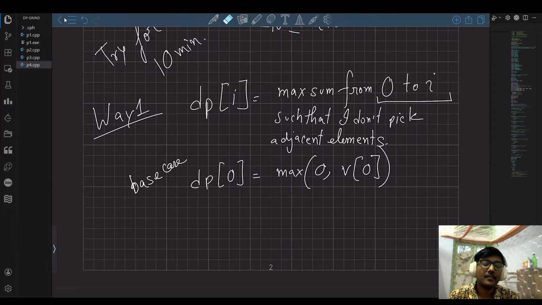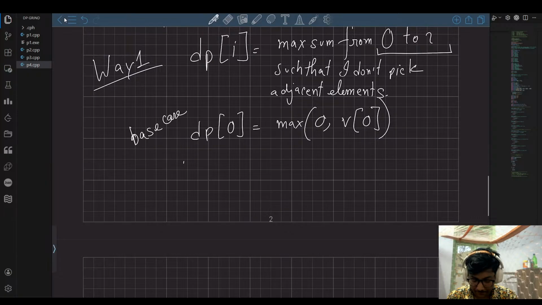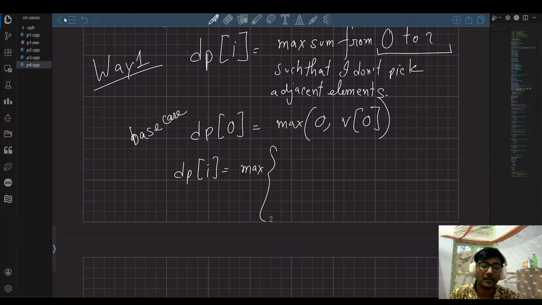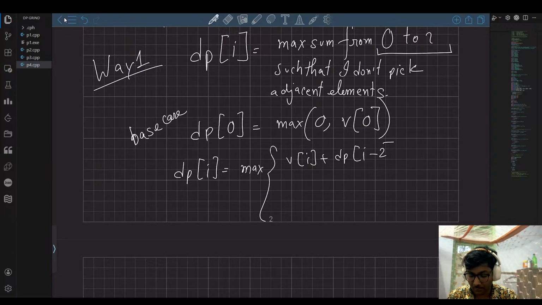Okay, transition can be: so 0 to i I have defined, right? So can I say that dp of i equals max of either I pick up the ith element or I do not pick up. So I have two ideas. Either I pick up the ith element, so v of i plus dp of i minus 2, or I do not pick up, dp of i minus 1.